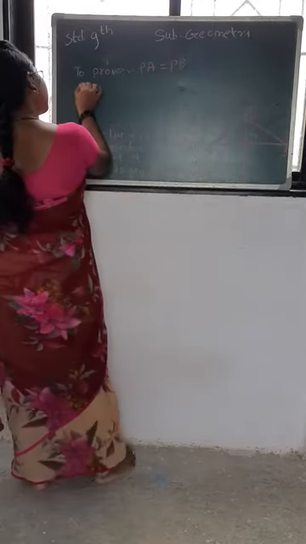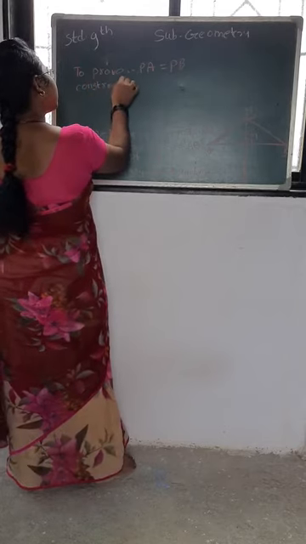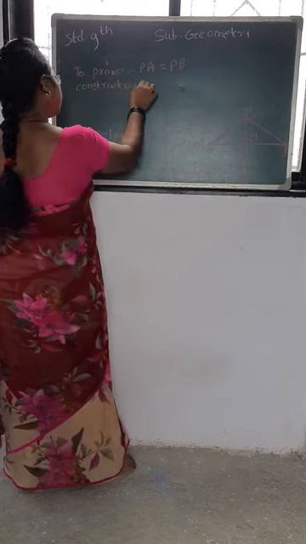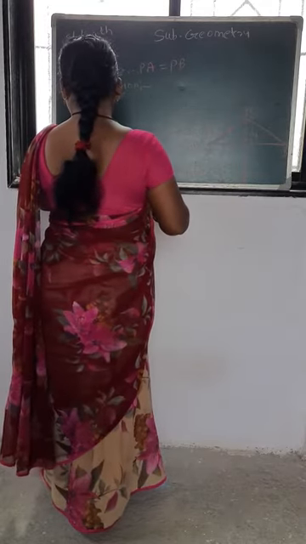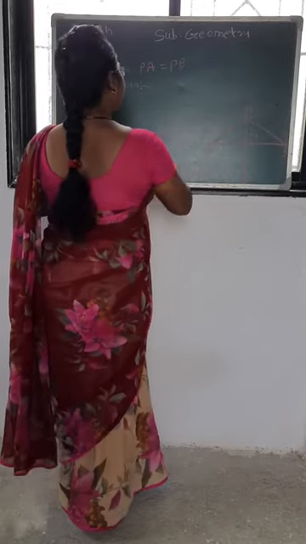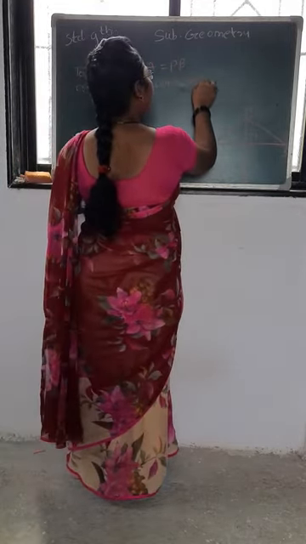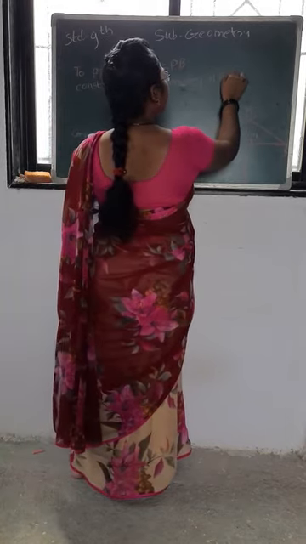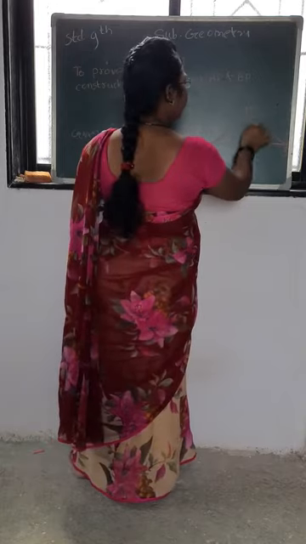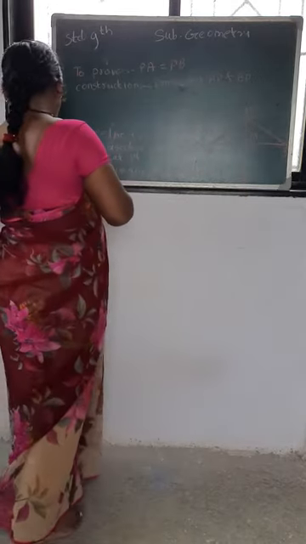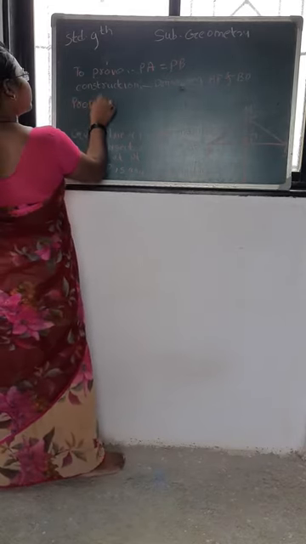Then the construction is: draw segment AP and BP. This is the construction.